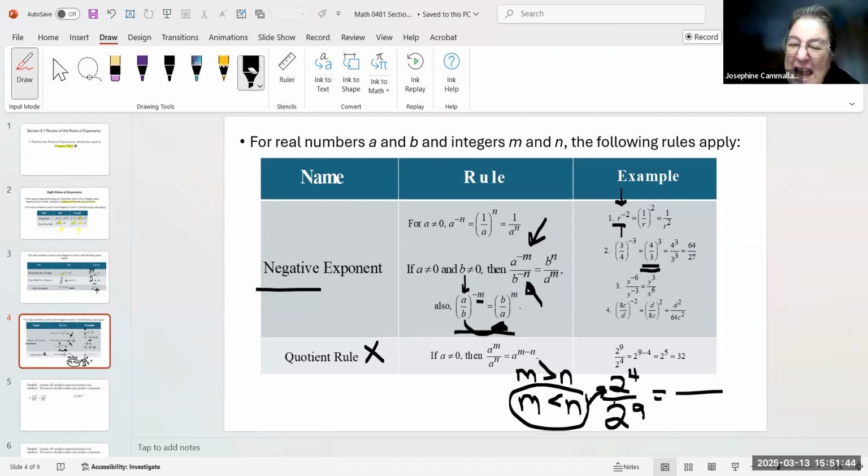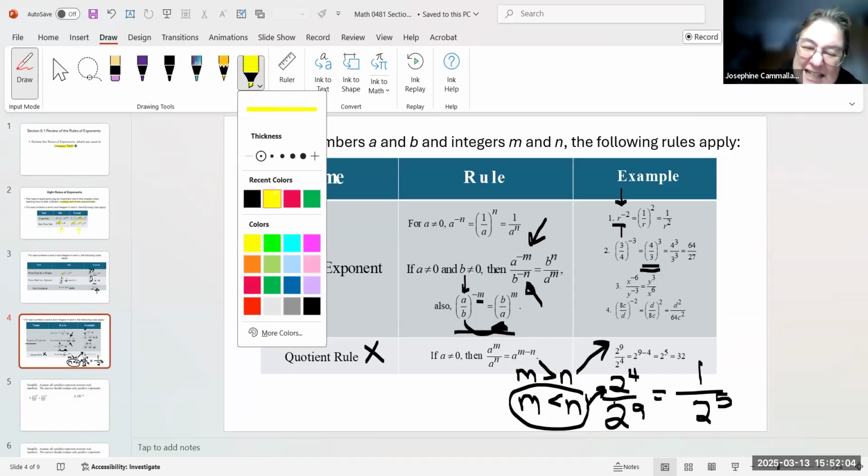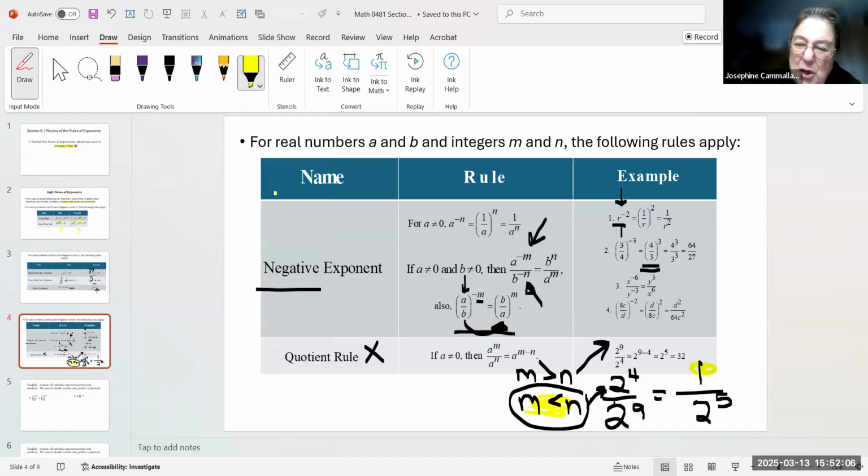This is saying I have a 1, but it's 2 to the positive 5. Okay? This rule pertains when m is bigger than n. When m is less than n, you're going to have a 1 in the numerator.